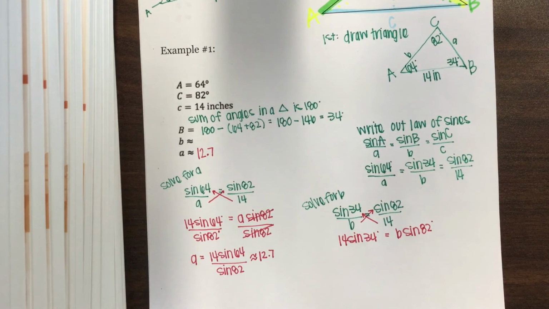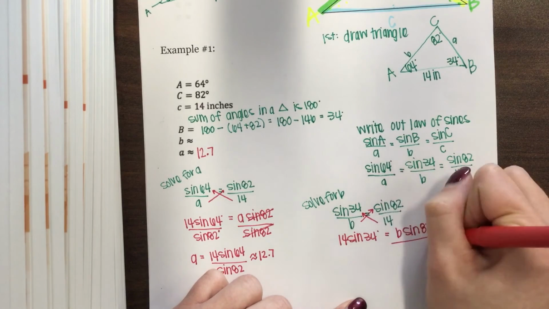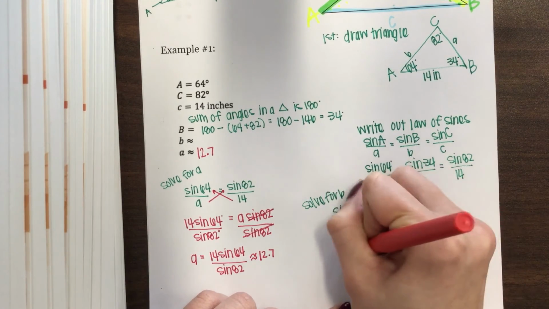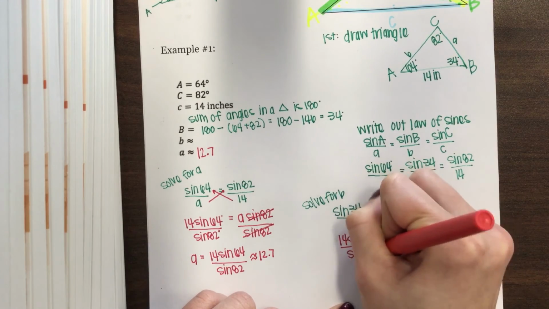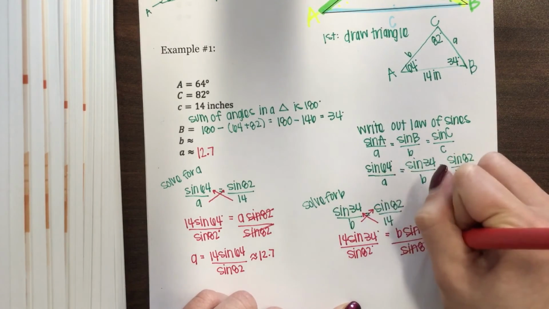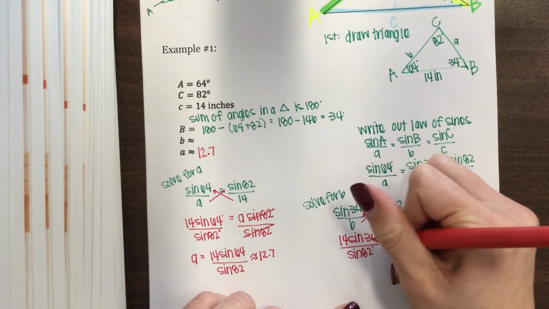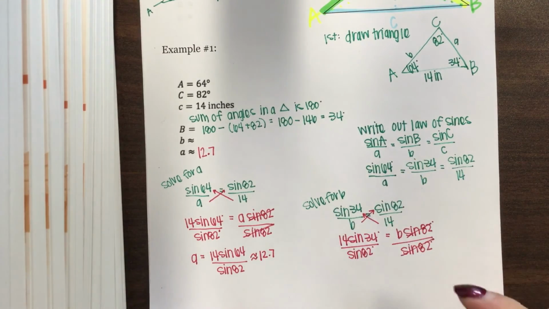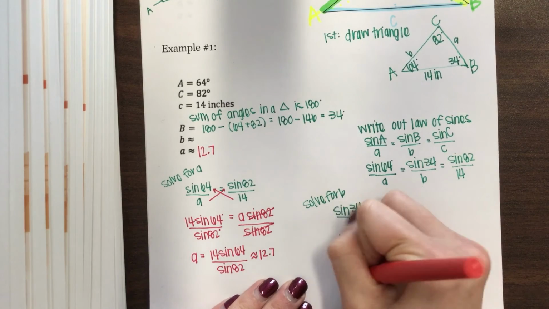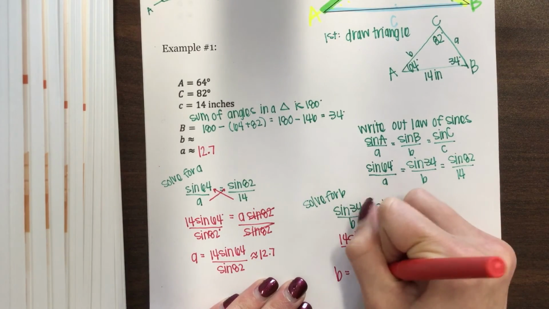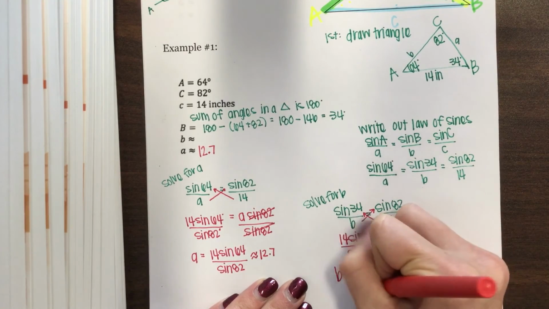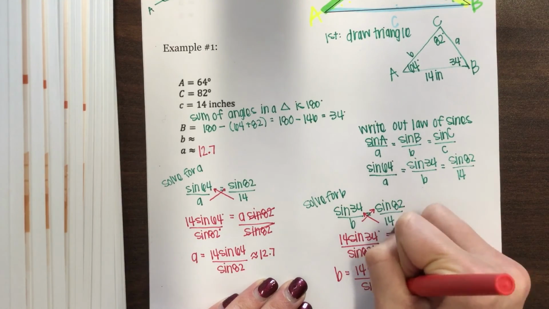Then again, we have to get b by itself, so we're going to divide by the sine of 82, divide by the sine of 82. Those cancel. These do not cancel because the sine of 34 cannot cancel the sine of 82. Those sines stay there. And so we get b equals 14 sine of 34 divided by sine of 82.